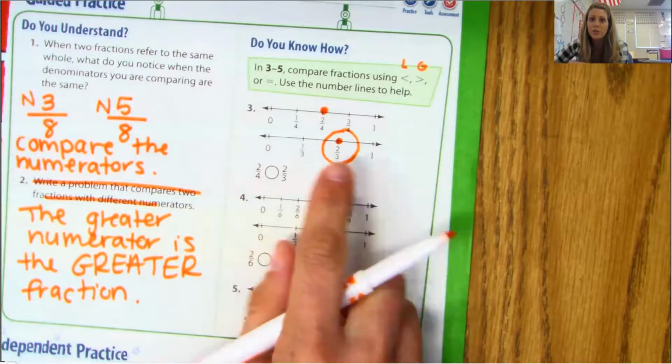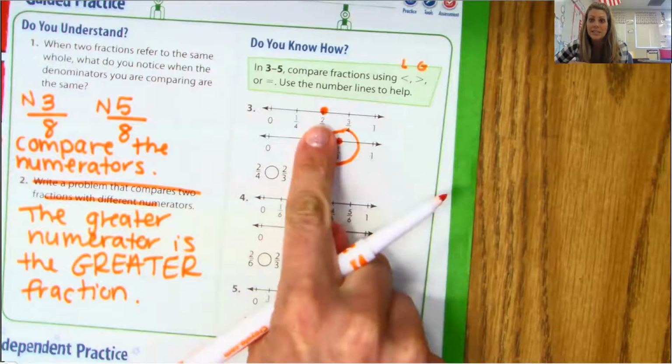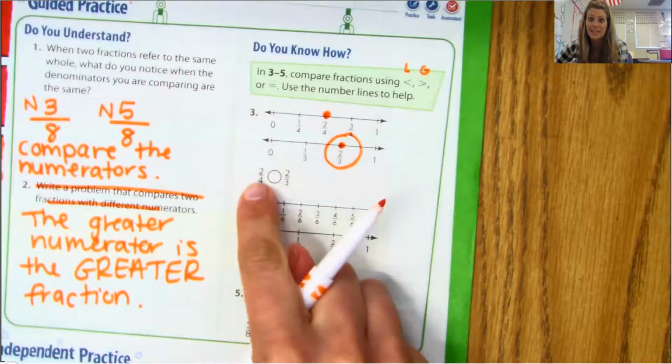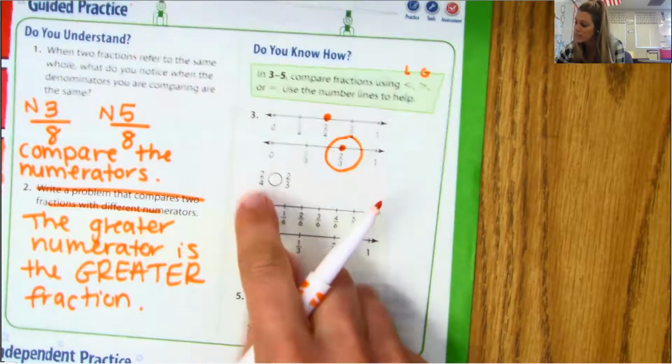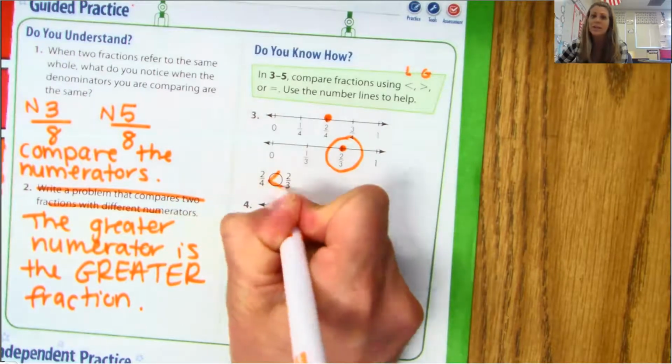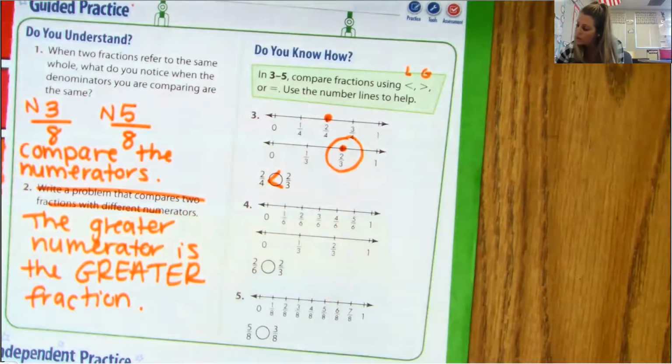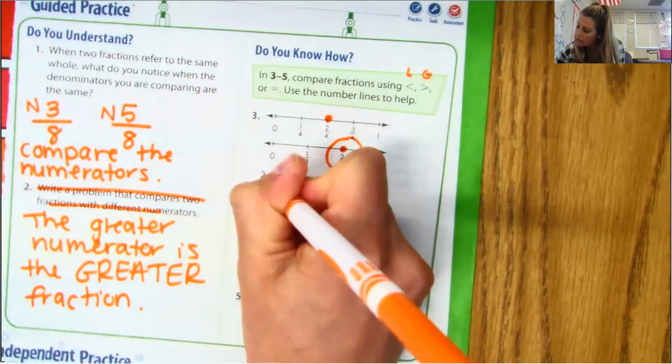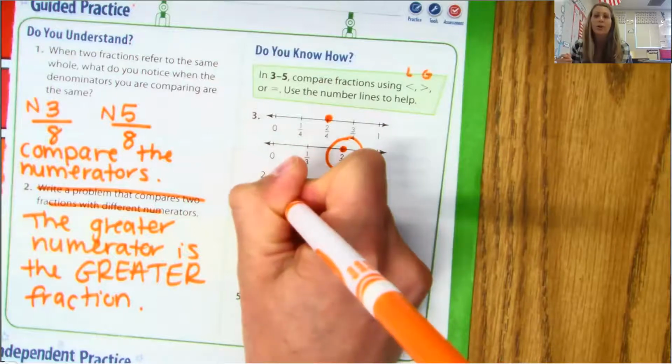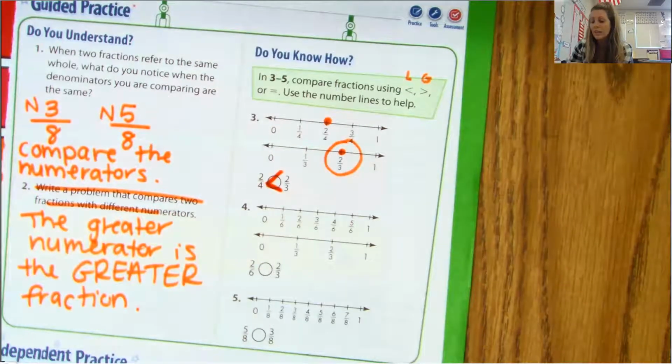So that means 2/4 is less. So we have to plug in the less than sign. 2/4 is less than 2/3. And we know the alligator mouth always eats the bigger fraction, right?